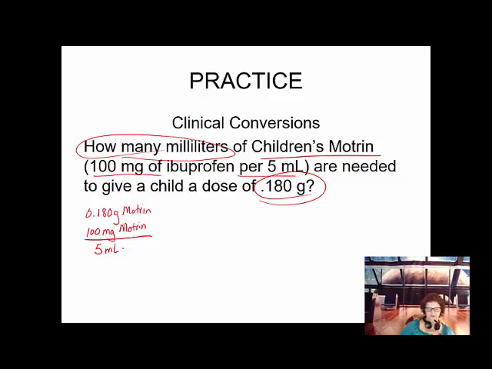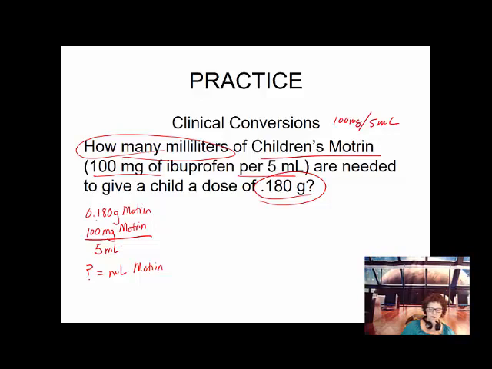You'll see it on the bottle like 100 milligrams per 5 milliliters. I'm just writing it like a fraction. And then what we're looking for is milliliters of Motrin. This 5 milliliters is the whole solution.